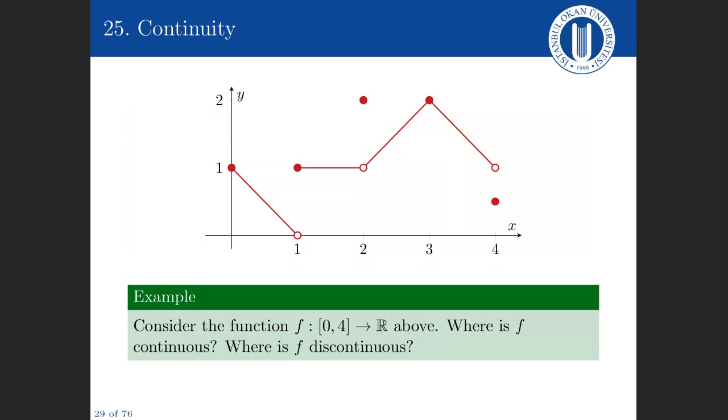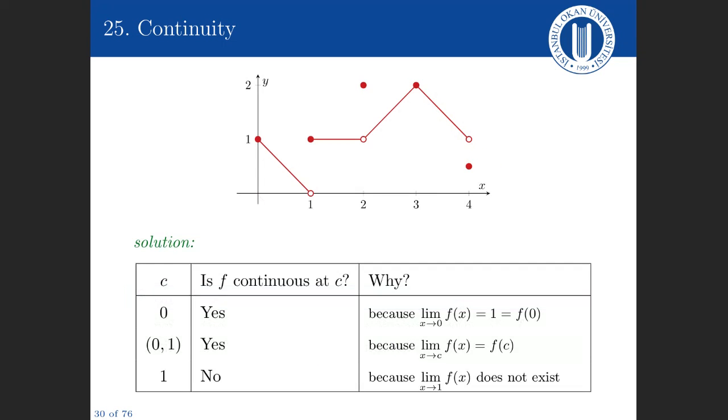For example, have a look at this function. I'm not giving you the formula, I'm just showing you the graph of this function. Where is this function continuous? Where is this function discontinuous? First, I want to look at c equal to 0.